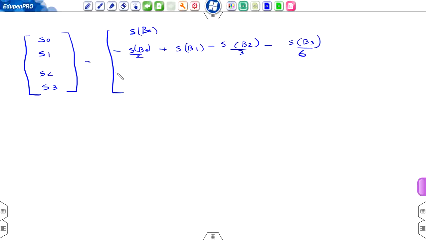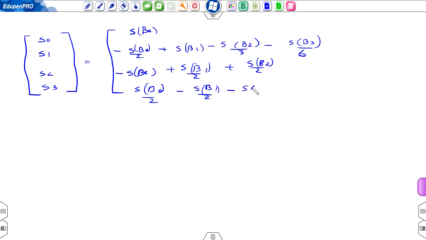The third row we have minus S of beta 0 plus S of beta 1 by 2 plus S of beta 2 by 2, and in the last row we have S of beta 0 by 2 minus S of beta 1 by 2 minus S of beta 2 by 2 plus S of beta 3 by 6.